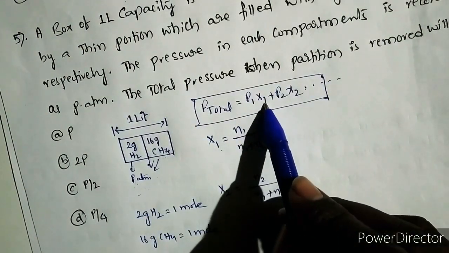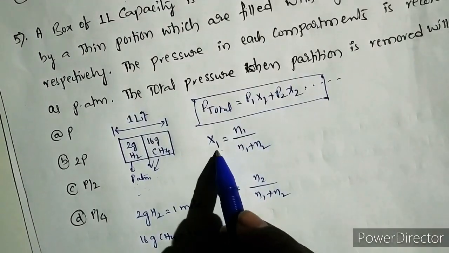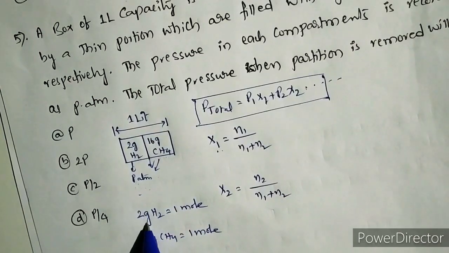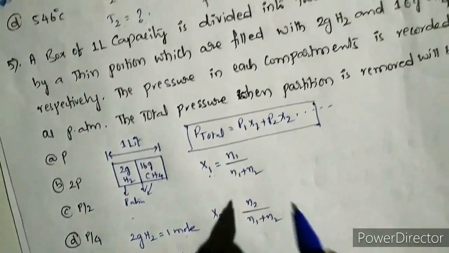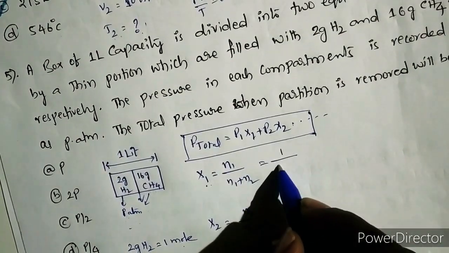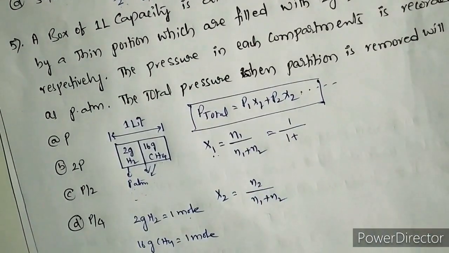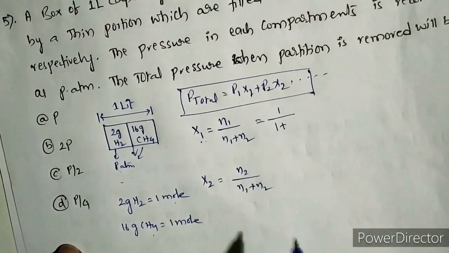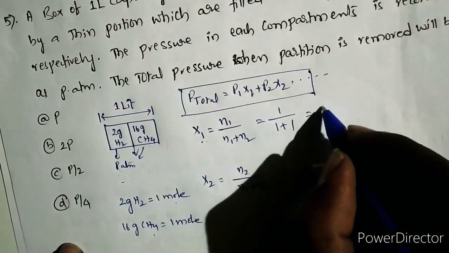But you have to find the mole fraction of the first gas, that means hydrogen. It is given 2 grams, which is equal to 1 mole. So 1 mole by 1 plus, and 16 grams of methane is also given, that is again 1 mole. So it is equal to 1 by 2.